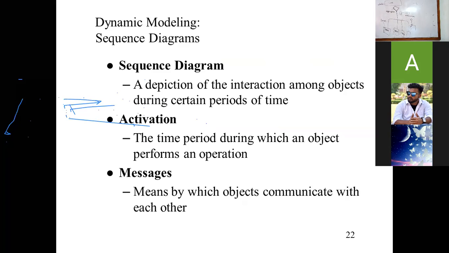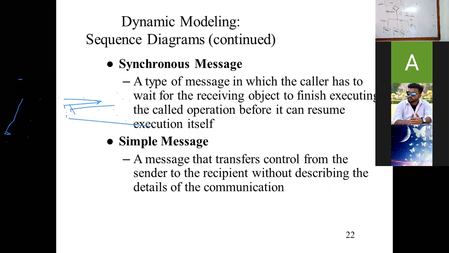Activation is the time period during which an object performs an operation. Whenever that object is active or doing some kind of operation, that is called activation. Messages are the means by which objects communicate with each other in the sequence diagram.